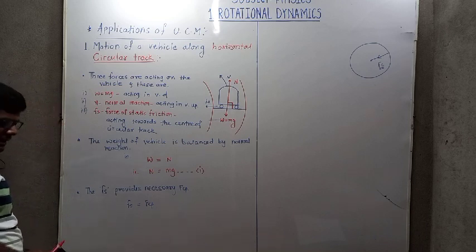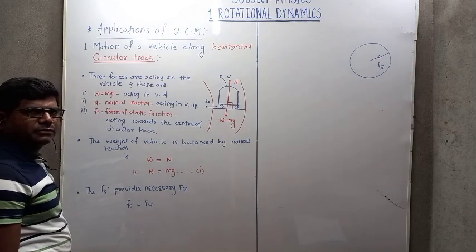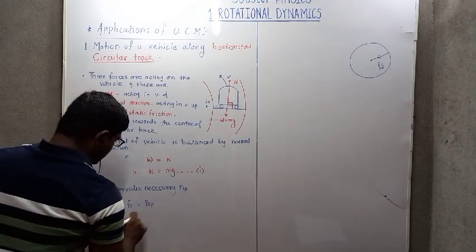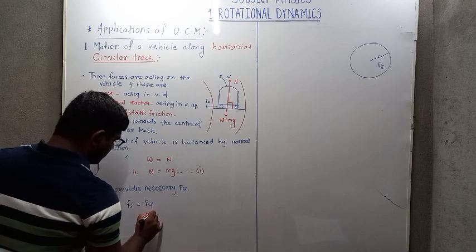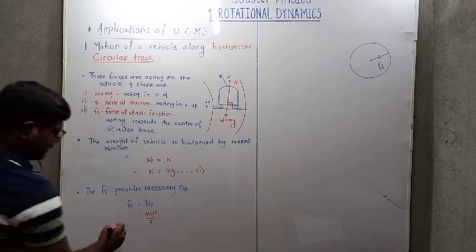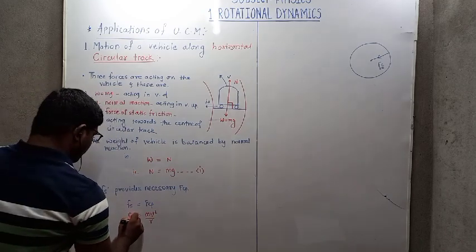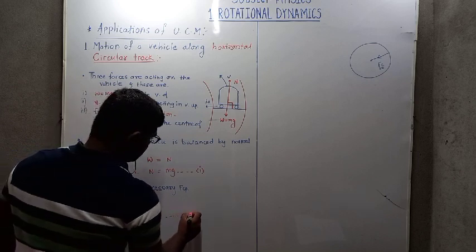But we know that FCP is equal to mv square upon r, so Fs is equal to mv square upon r. Write this as equation number 2.